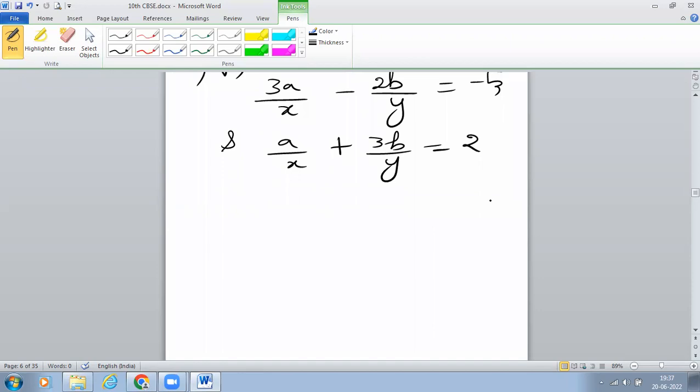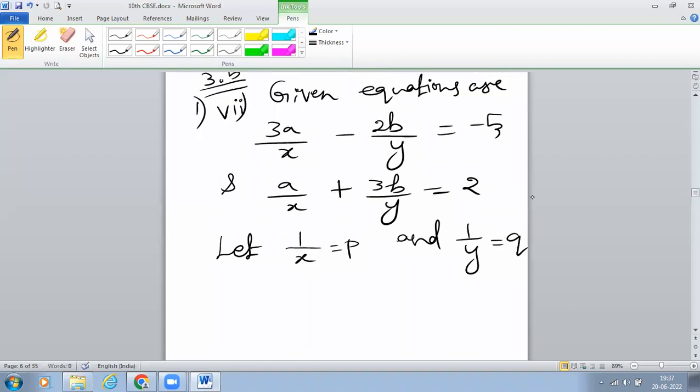So how to make that is the same as the previous model. That is, let 1 by x be equal to p, and 1 by y is equal to q, right? Now if you replace this 3a by x, what will it become? The meaning of 3a by x is 3a into 1 by x. So this 1 by x, we can replace it by p.